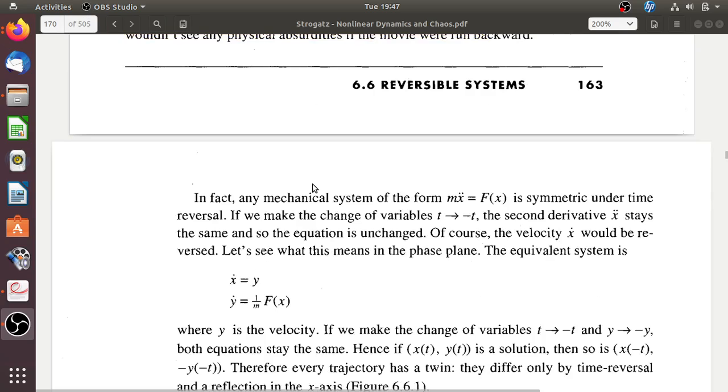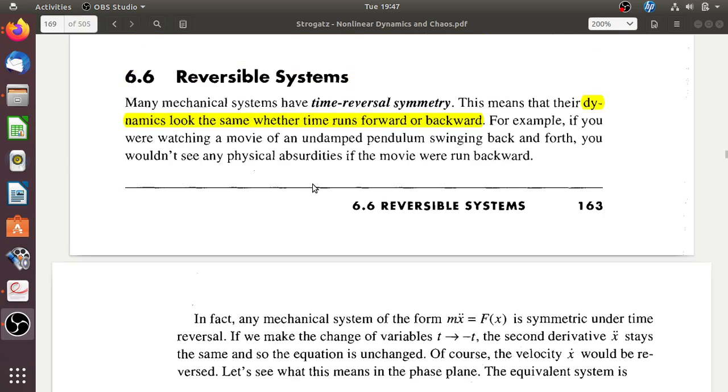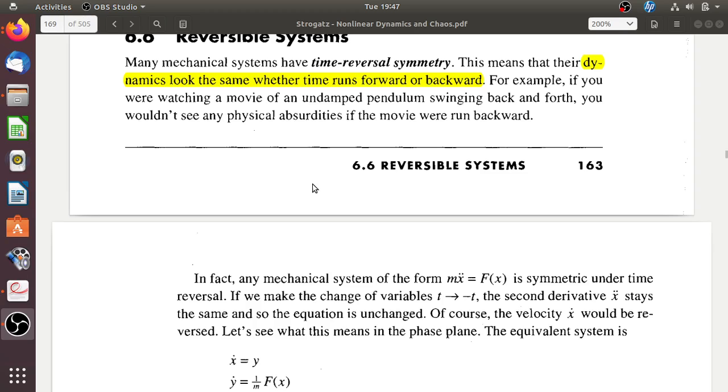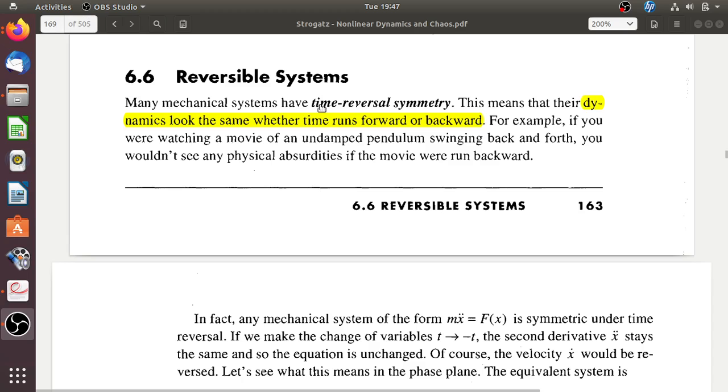Now, one example is all physical laws, except the second law of thermodynamics. All physical laws show this time reversal symmetry.